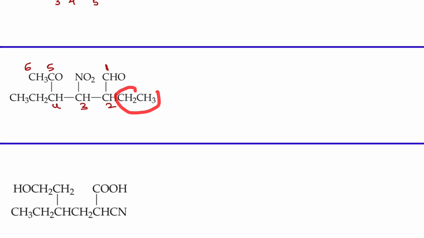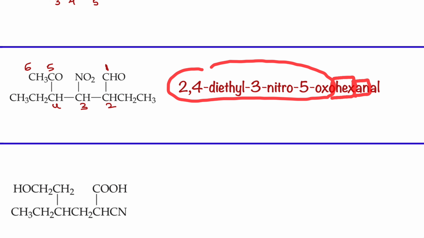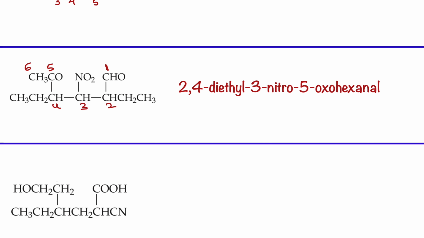So 2, 4 diethyl, 3 nitro, 5 oxo, hexanal. So up to here, this is the prefix, this is the root word, primary suffix and secondary suffix.